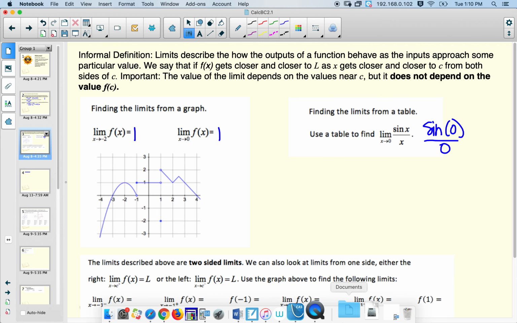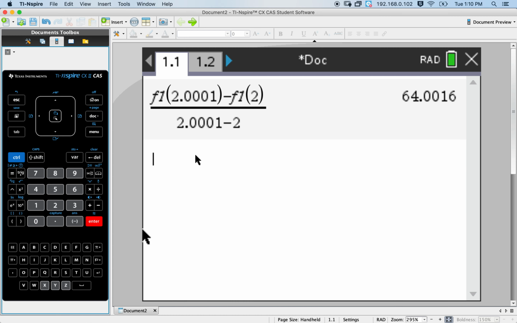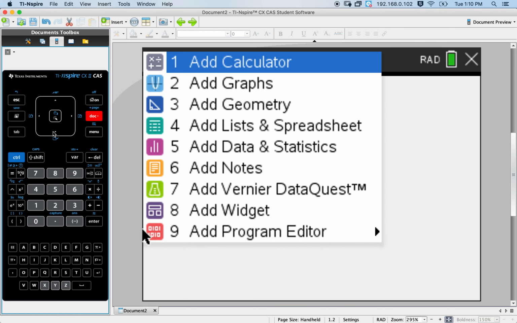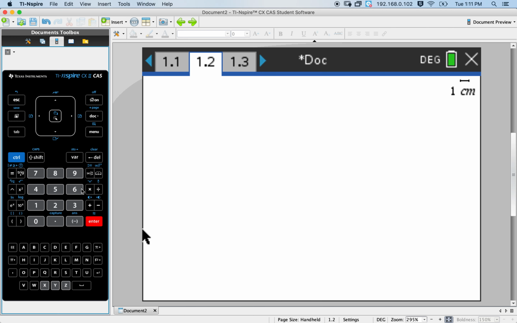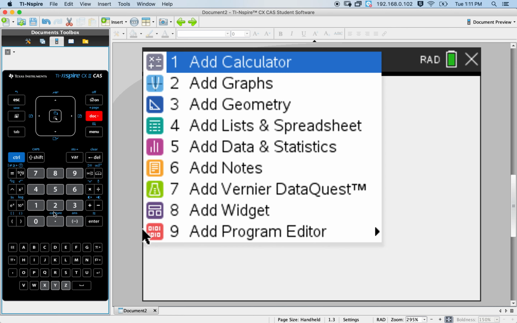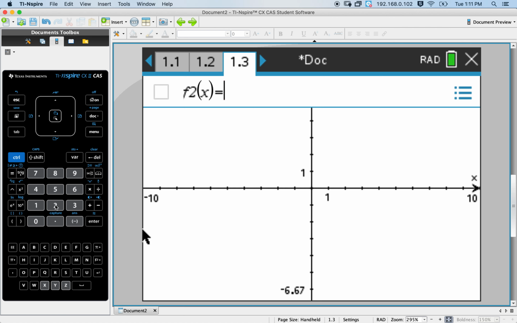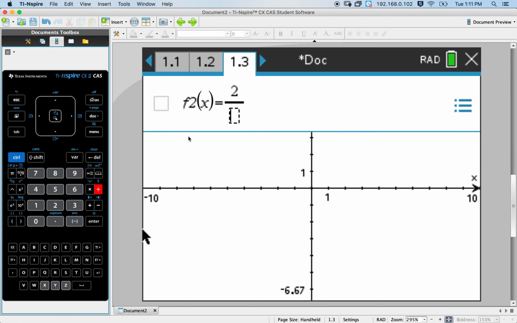So I'm going to go to my graph, make a new page. Oh, not geometry. Okay, so now I'm going to do my fraction bar again.